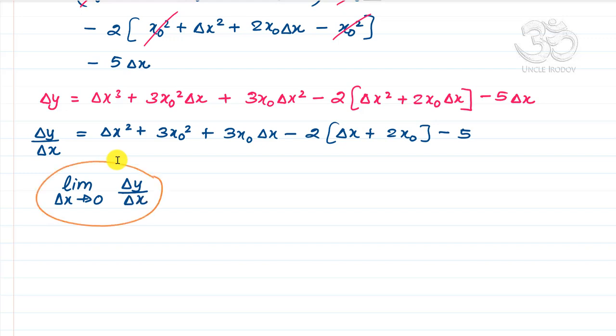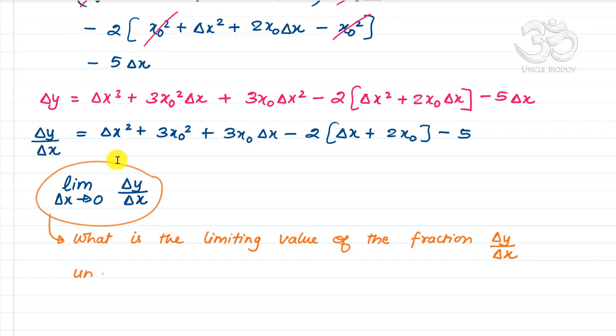So this asks you, what is the limiting value of the fraction delta y divided by delta x under the condition that delta x tends to 0. This is the question that we are being asked when we see this kind of an expression.